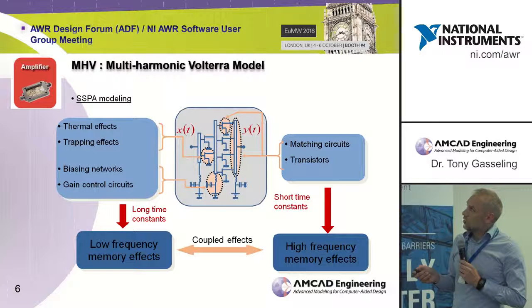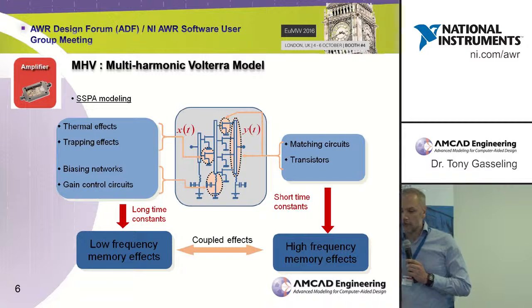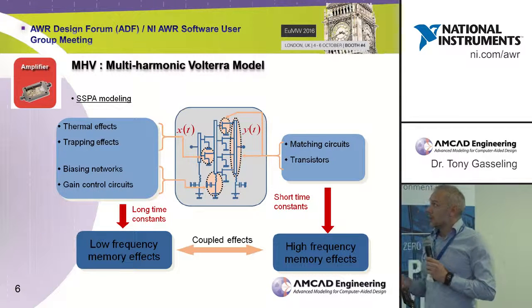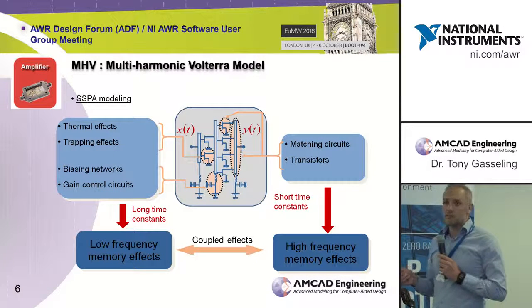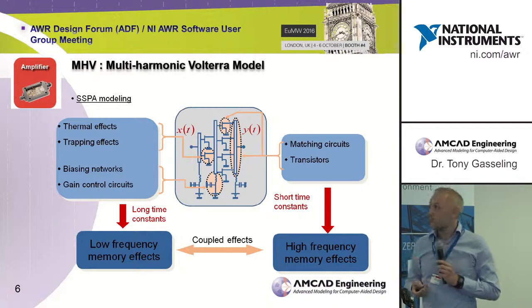On the other side, we have long-time constant distortions that can be caused by thermal effects. For example, if you are amplifying a modulated signal at a low power value, while you have a high power consumption, you will heat your amplifier.